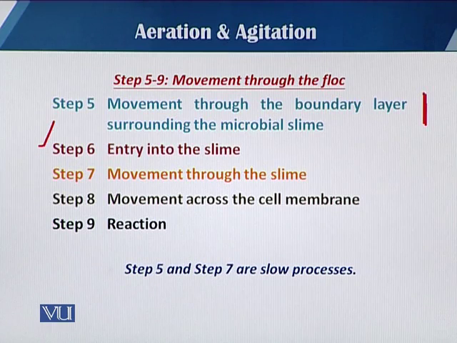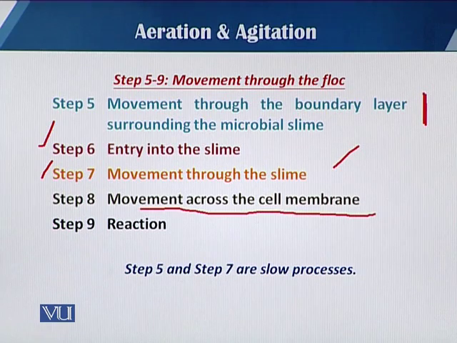Then the movement of oxygen through that slime, and then step 8 is the movement across the cell membranes. When they cross the cell membrane, in bacteria there is no mitochondria, as they are prokaryotic cells, but in eukaryotic cells there are 1 or 2 more steps to reach the mitochondria. In prokaryotes, there is a reaction site.